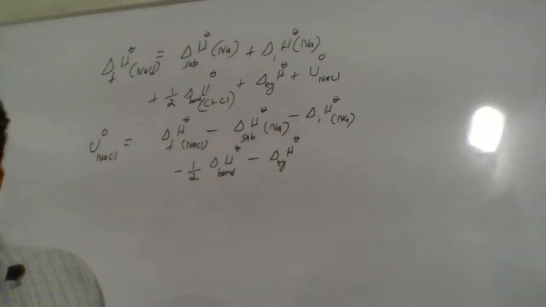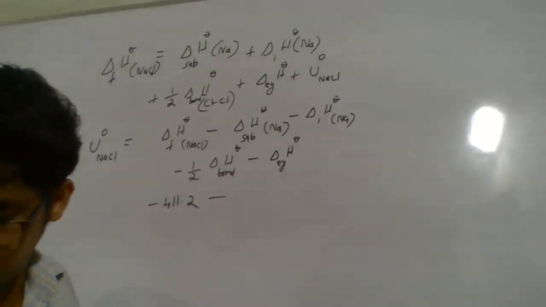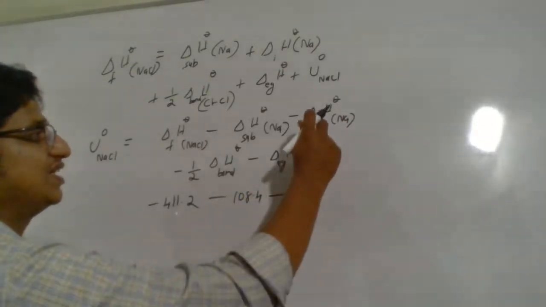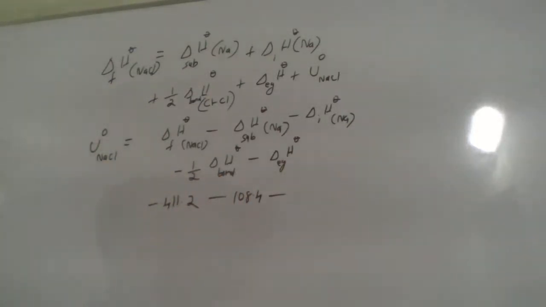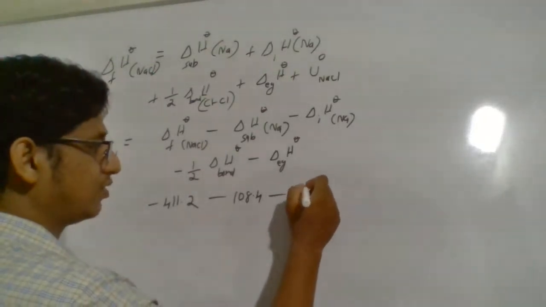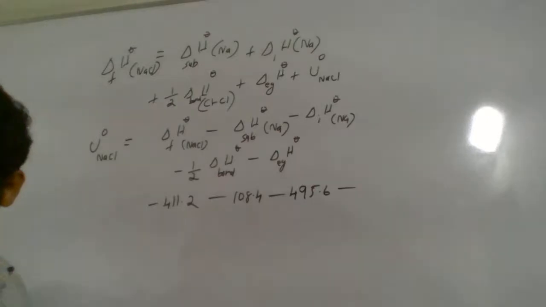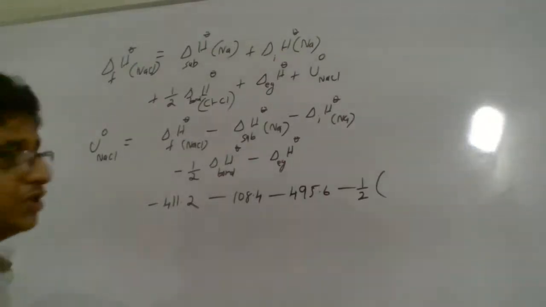So what's the value of enthalpy of formation of NaCl? That they have given, minus 411.2, minus the sublimation enthalpy of sodium, which is 108.4, minus the ionization enthalpy they have given, 495.6, minus half the bond dissociation enthalpy, so half into 242.